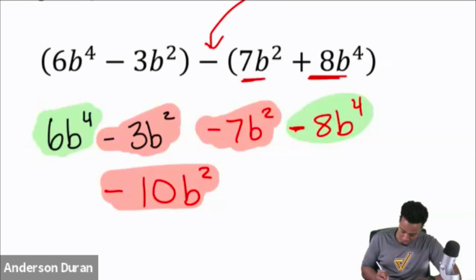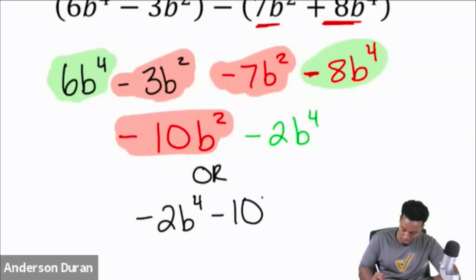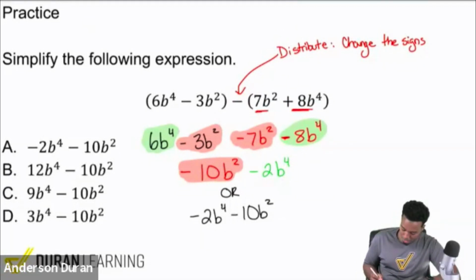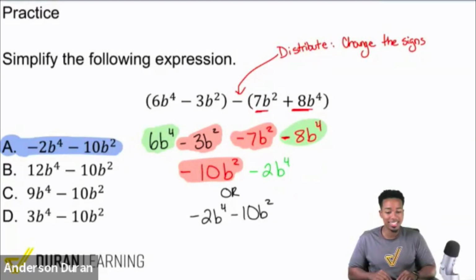So you can write that as negative 2b to the power of 4. Or you can just rearrange them, put this in the front, and you have negative 2b to the power of 4 minus 10b squared. Just like that. And that's why A is indeed that answer.